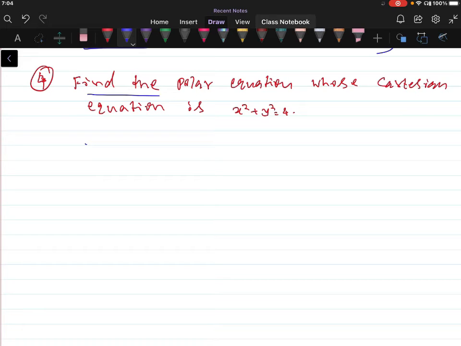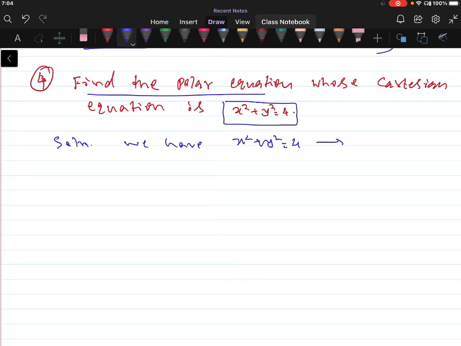Find the polar curve whose Cartesian equation is x square plus y square is equal to 4. We'll move to solution. So we have the Cartesian equation x square plus y square is equal to 4. Let us call it equation 1.